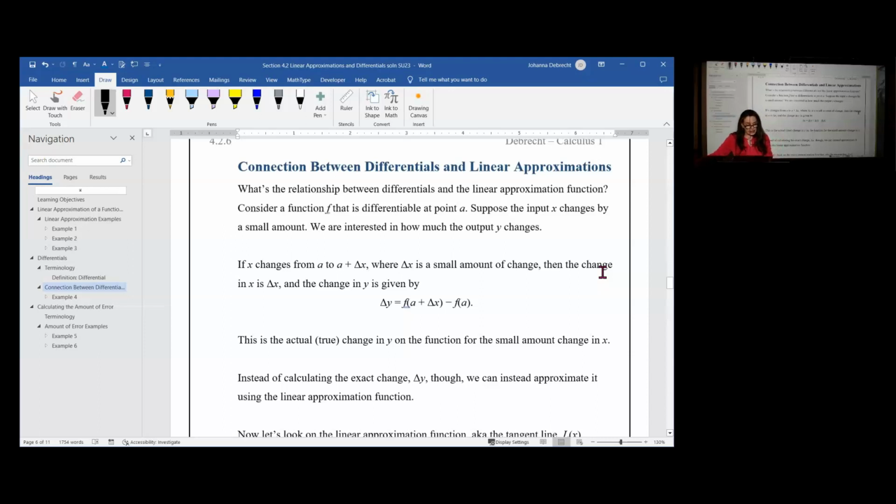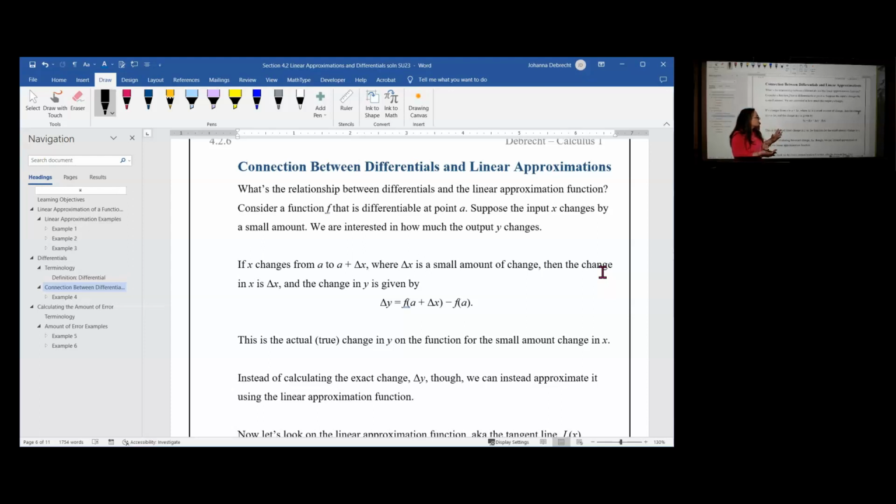Let's now look at the connection between differentials and the linear approximation function. When we think about the linear approximation function and the actual function, we want to know if a small change in x occurs, what's the change in the y value?